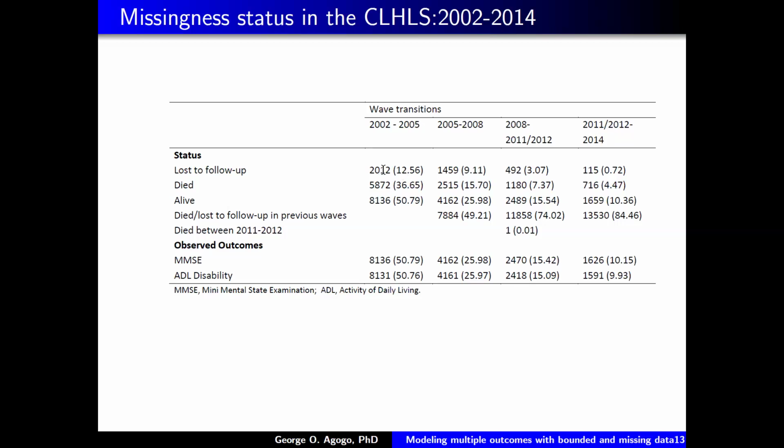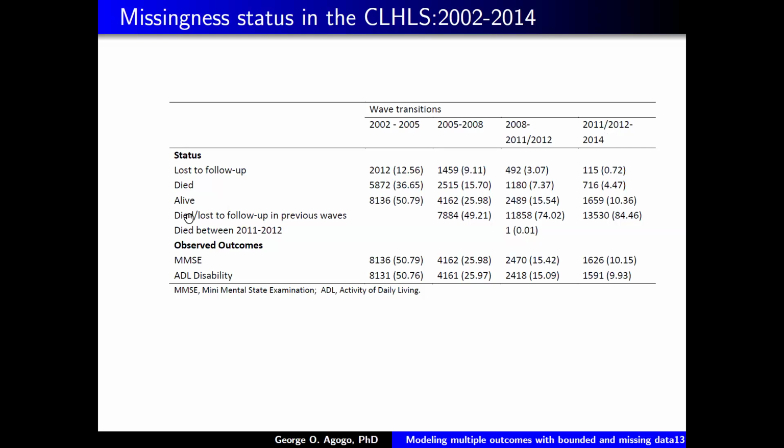So between 2002 and 2005, 2012 were lost to follow-up. Between 2011, 2012 to 2014, 114.